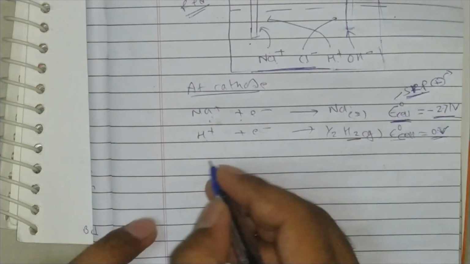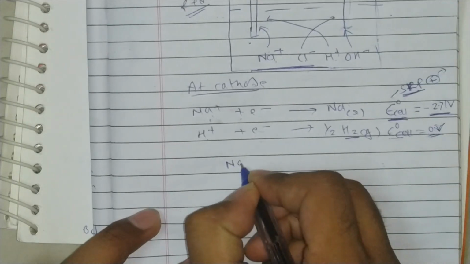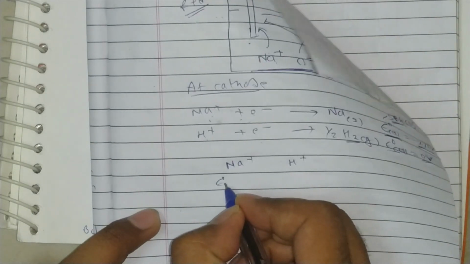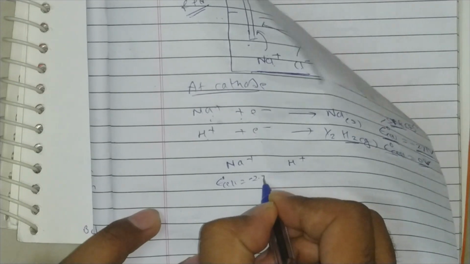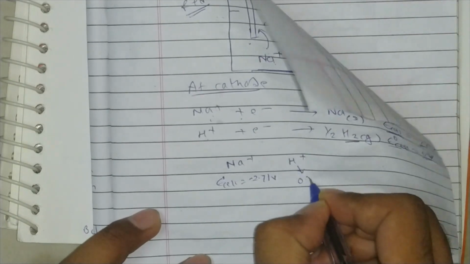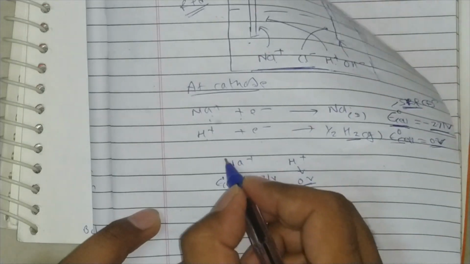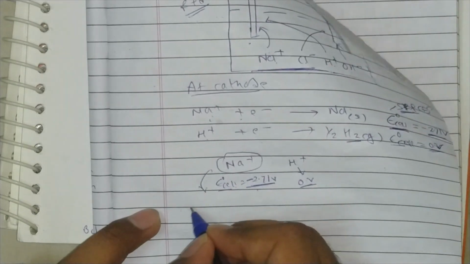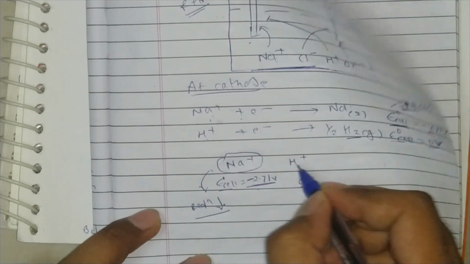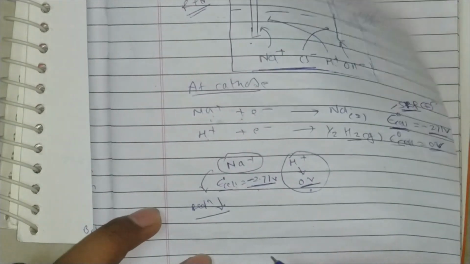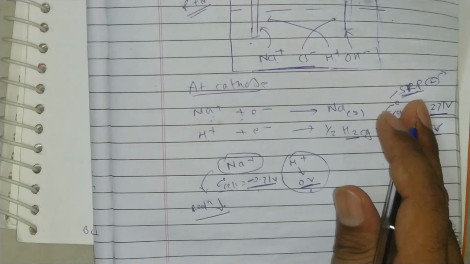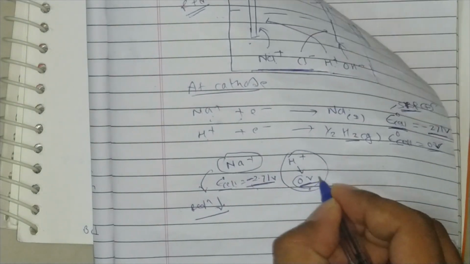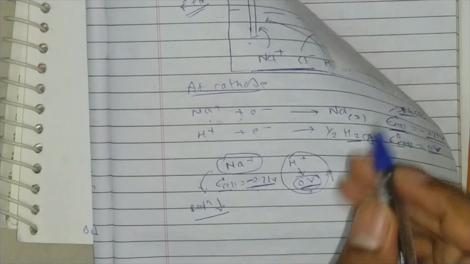If I have Na plus and H plus ions, and Na plus has a standard reduction potential of minus 2.71 volt, and hydrogen has 0 volt, it means this value is negative for sodium, so its tendency to undergo reduction is very less compared to hydrogen, because hydrogen's 0 volt is more positive compared to minus 2.71.